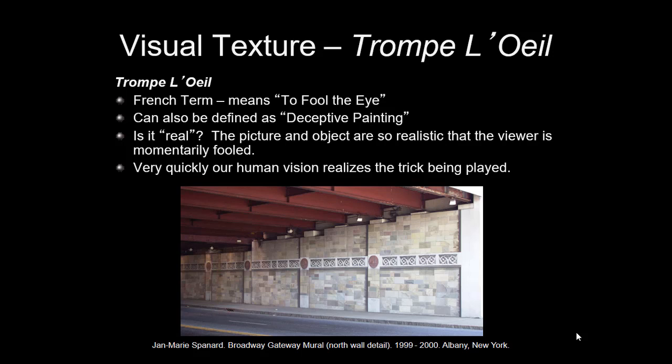It looks like there is a wall and that there are these pillars holding up the roof, but also bricks in the negative space. When in reality, those aren't really in the negative space. Those are actually painted to look like they are far away. So that's what this trompe l'oeil term is all about. Basically, fooling the eye, making something that looks deceptively real.